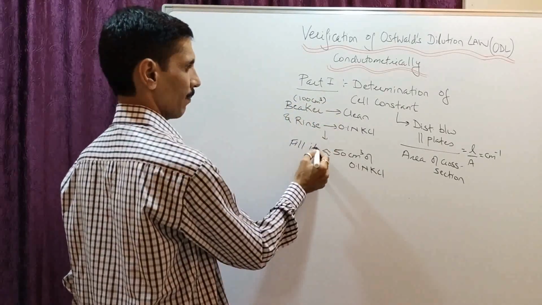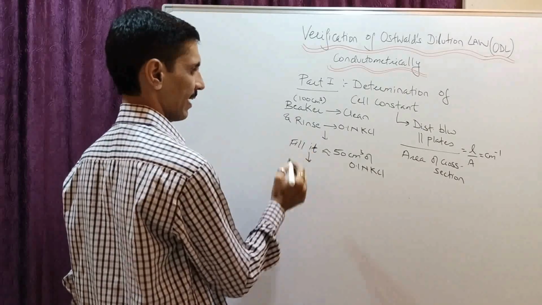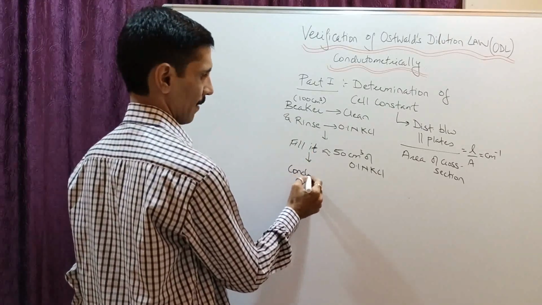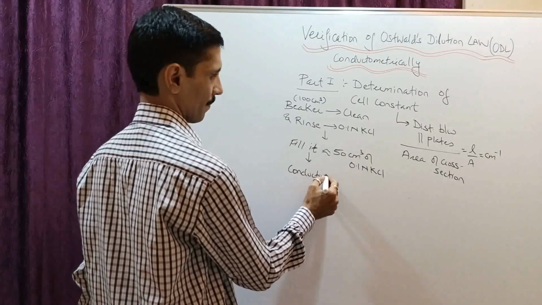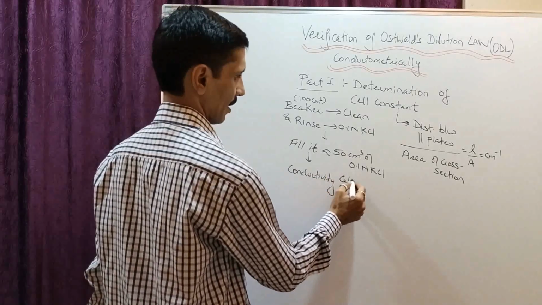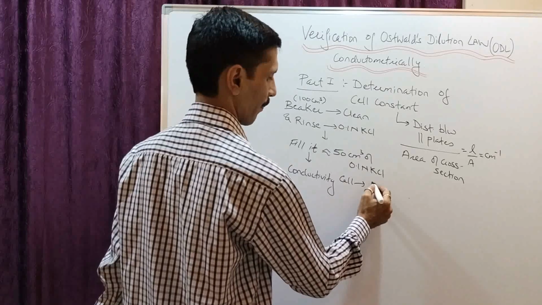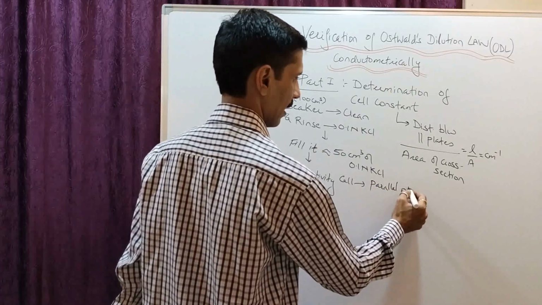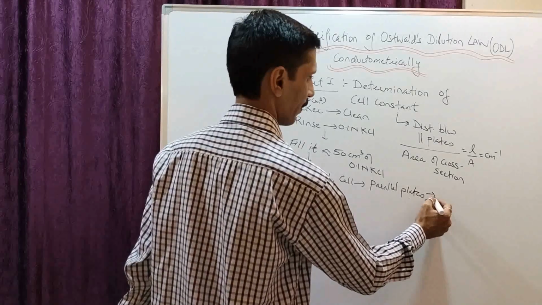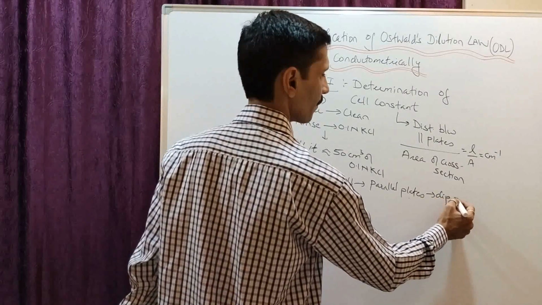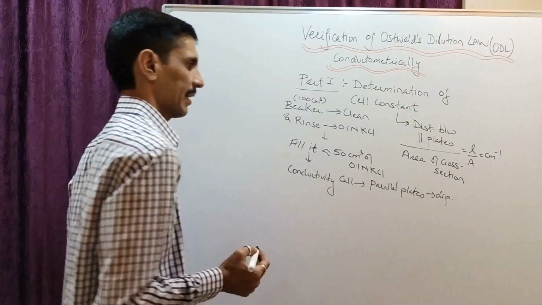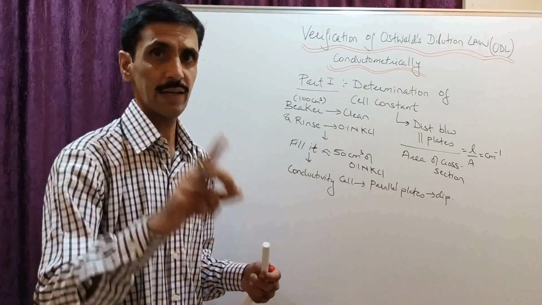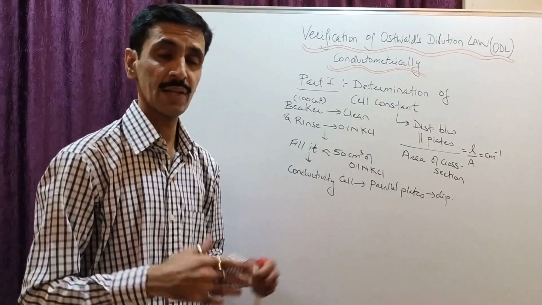Please remember the filling should be such that the bottom part of the conductivity cell, the parallel plates of the cell, must dip in the solution. That much KCl you are going to add.